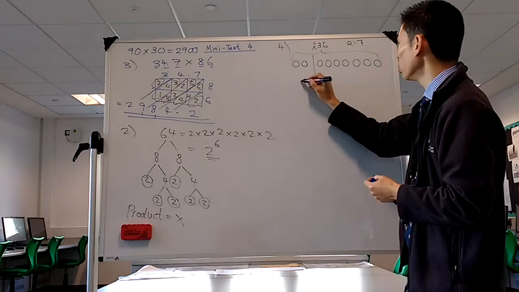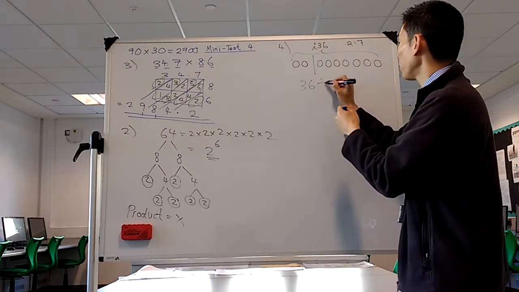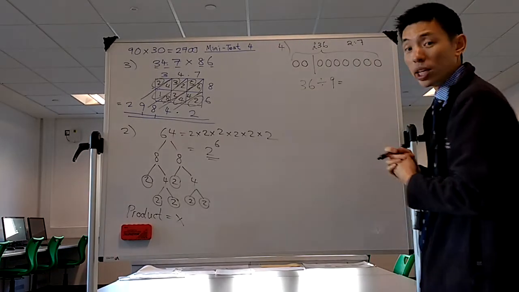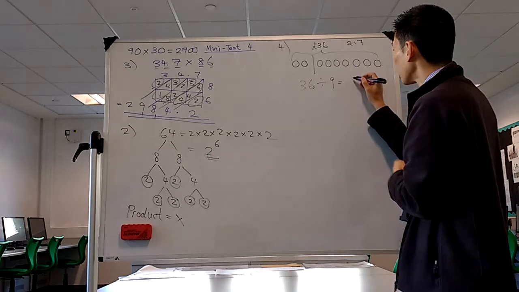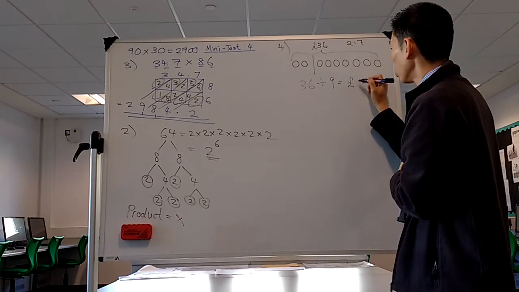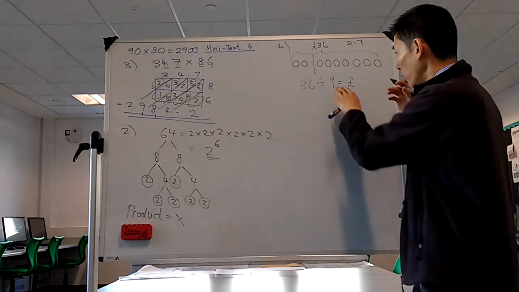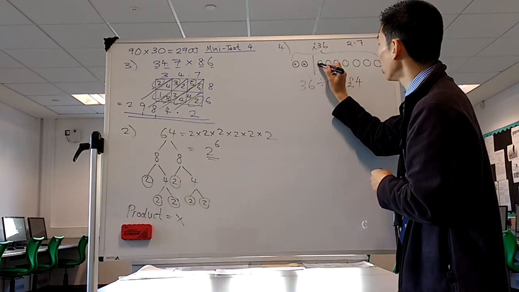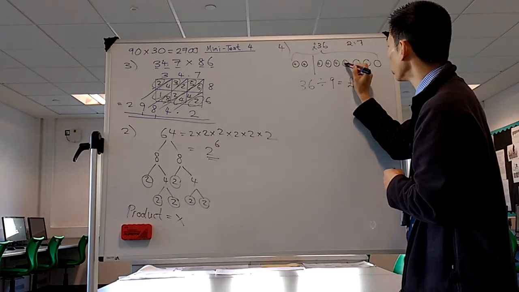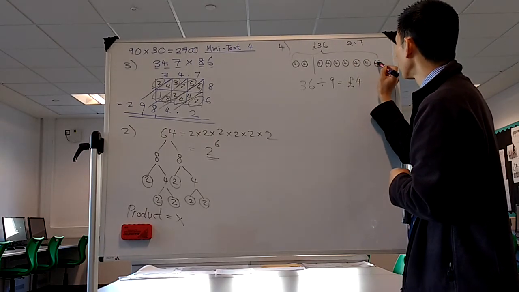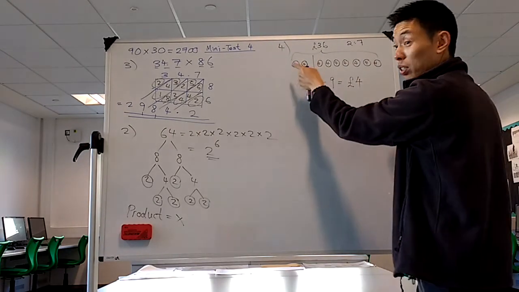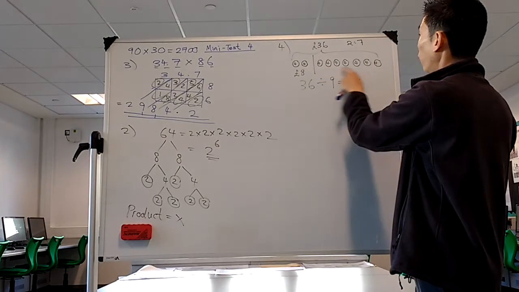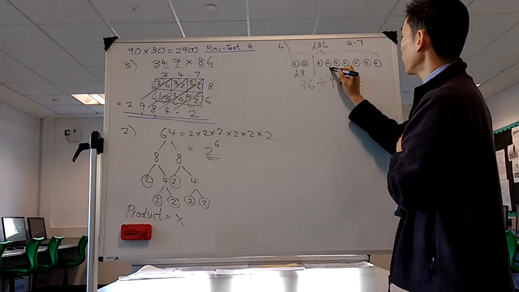So all I have to do is share 36 between 9 coins, and that way I can find out what one coin represents. So how many 9s go into 36? 4. I write 4 on each of the coins to show the face value. So this person is going to get £8, and this is going to be 4 lots of 7, which is 28.